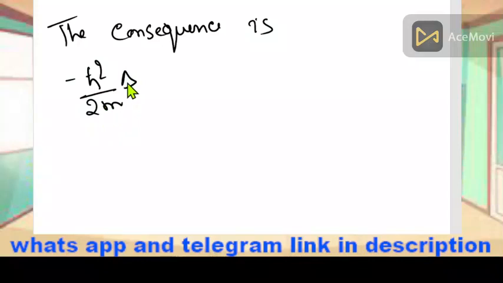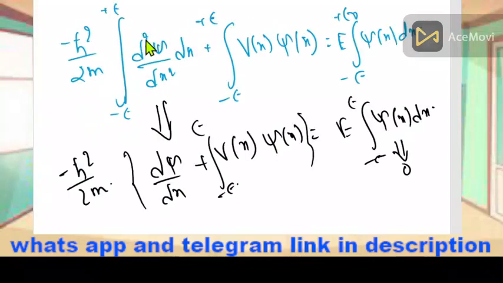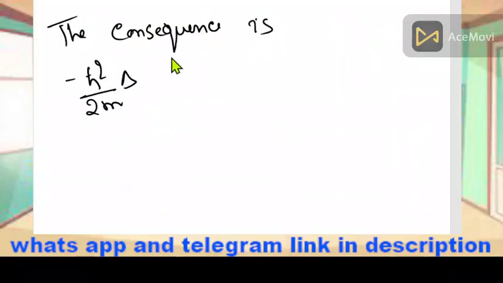The consequence is minus h bar square by 2m, and it is showing that the integral on the left hand side, this one I am talking about, is simply the change in d psi by dx.